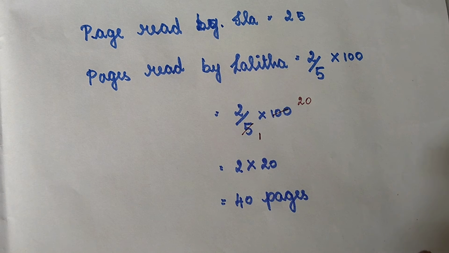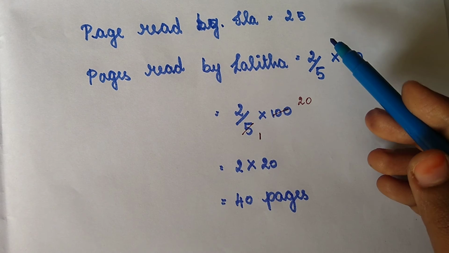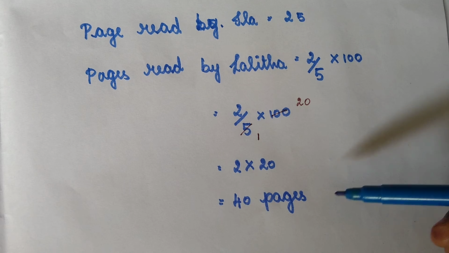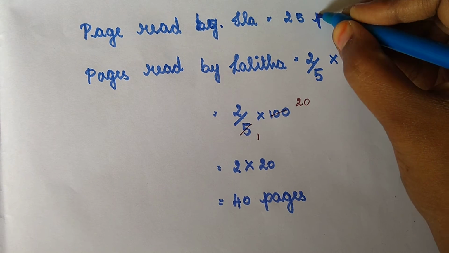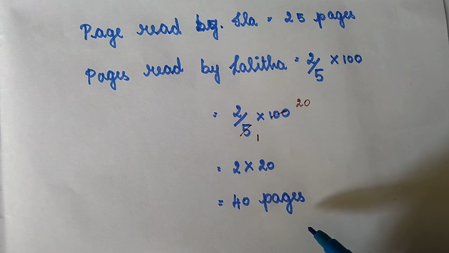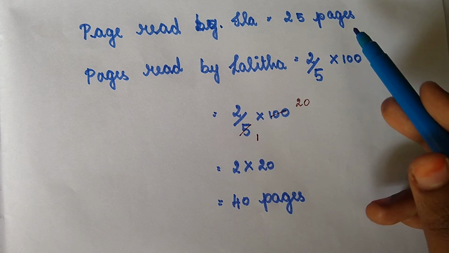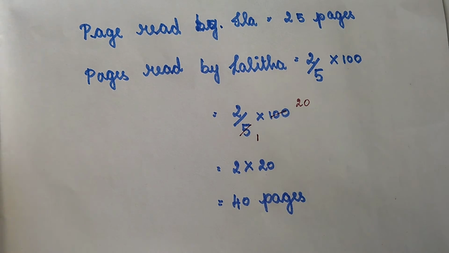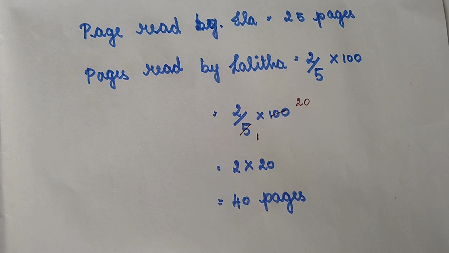Okay, we have to compare these two numbers. Ila read 25 pages and Lalita read 40 pages. Now we have to compare these two numbers. We can conclude that Ila read less number of pages.